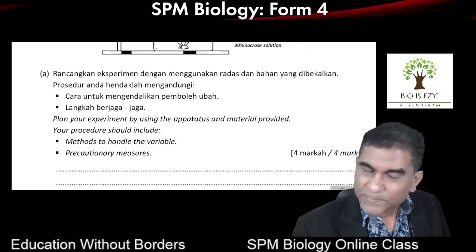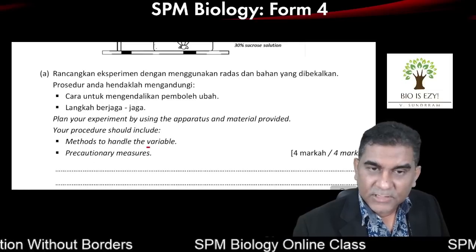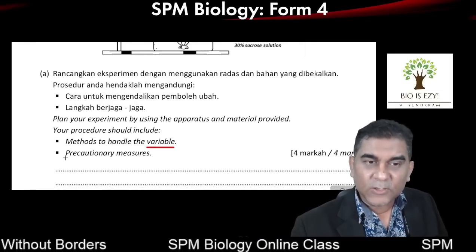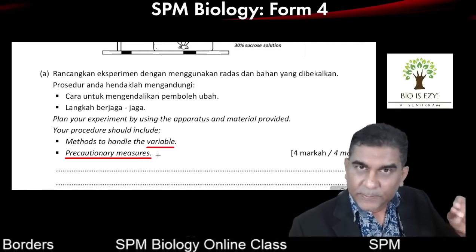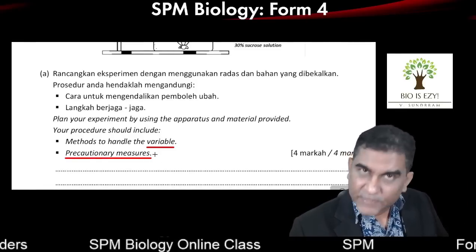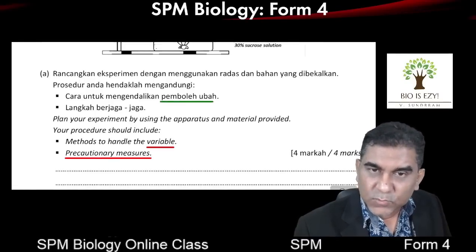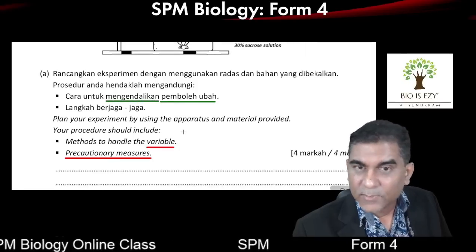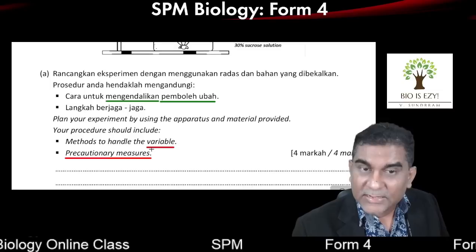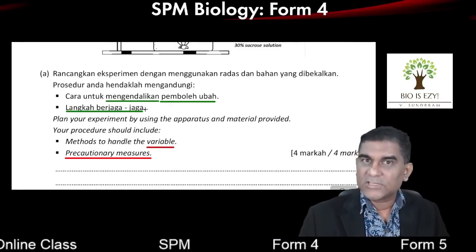And the question specifically already mentioned, they want all the variables, they want precautionary measure. Kamu perlu terangkan kepada pemeriksa bagaimana lakukan eksperimen ini, dan mereka sudah beritahu kepada kamu mereka nak semua pemboleh ubah, mereka nak tahu macam mana kamu mengendalikan pemboleh ubah, how did you handle the variable. They also want langkah berjaga-jaga, precautionary measure.